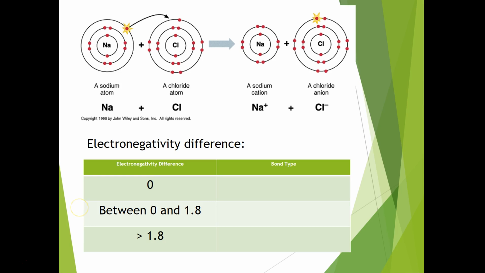If there's a zero electronegativity difference between them, then the bond type will be a nonpolar covalent bond. We'll talk a little bit more about polar, nonpolar in topic 4.2. If the difference in electronegativities is between 0 and 1.8, then you would have a polar covalent bond, and if the difference is greater than 1.8, then the bond will be ionic.